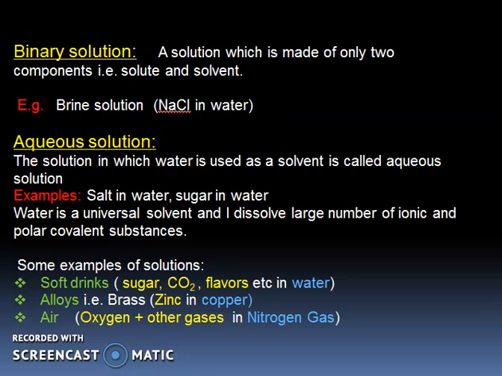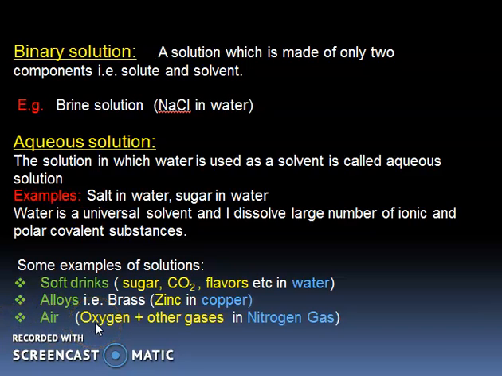You already know that water is a universal solvent. It can dissolve a large number of ionic and polar covalent substances. For example, sodium chloride is an ionic substance, but glucose, which is a polar covalent substance, can also be dissolved in water.